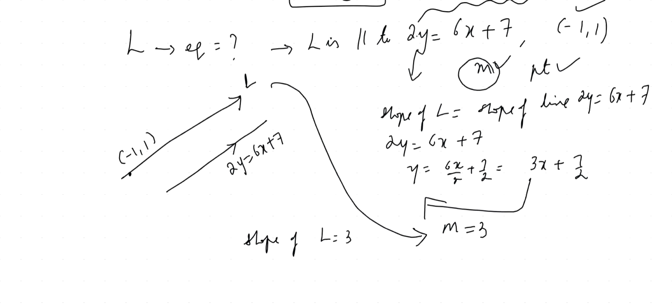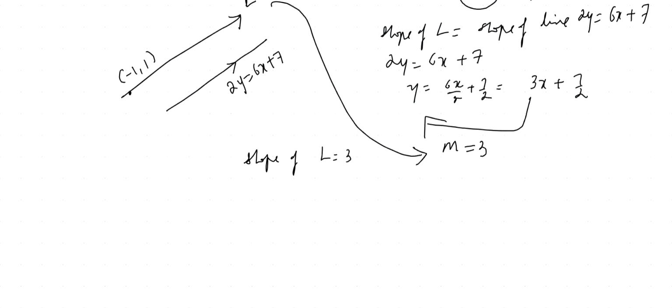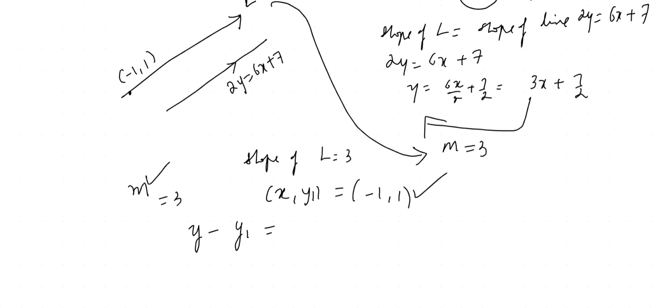So what next? Once I know the slope of the line, which is 3, and I know a point on the line, x1, y1, which here is -1, 1, I can simply write it as y minus y1 is equal to m times x minus x1.